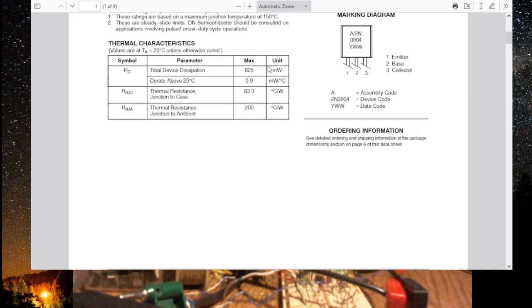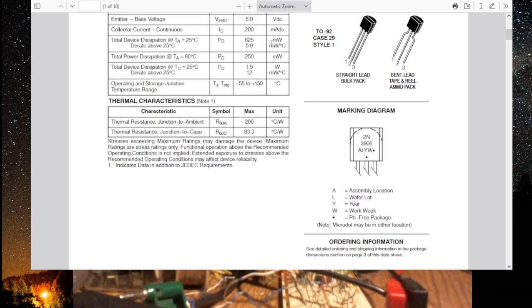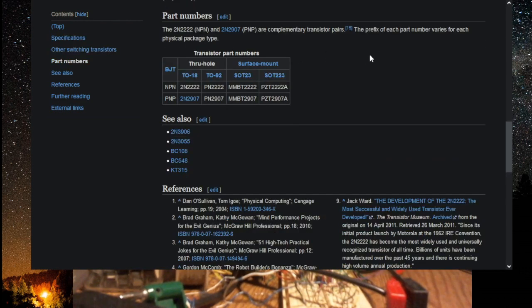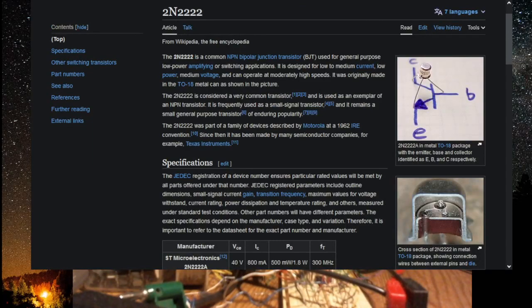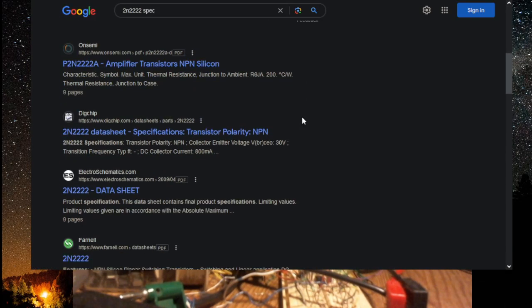This one is 625 milliwatts. That's a lot of power, because we're talking tens of milliwatts here. This one, yeah. So the 222. Let me see if I can find a PDF on this one.